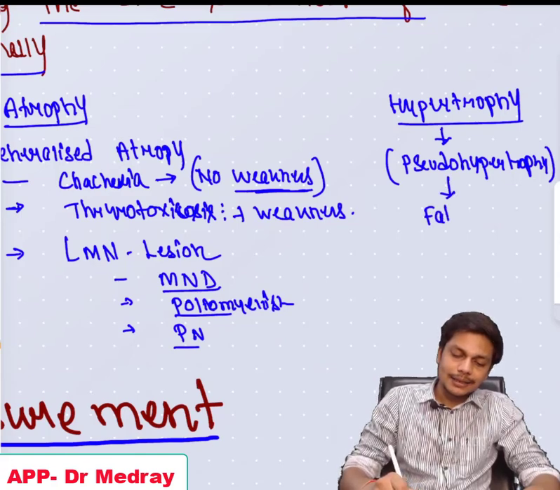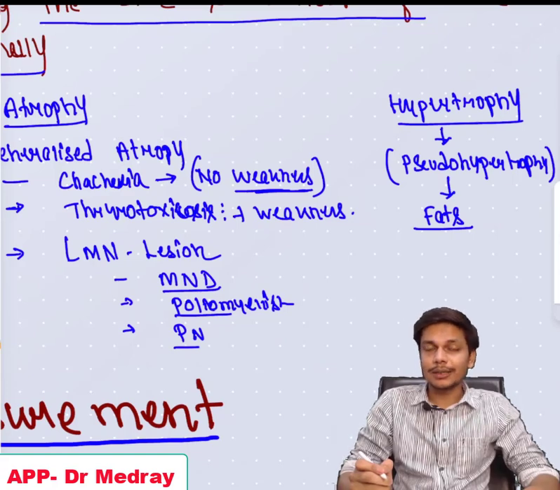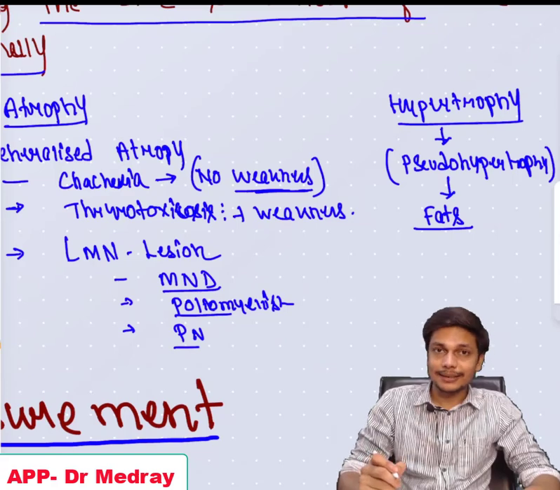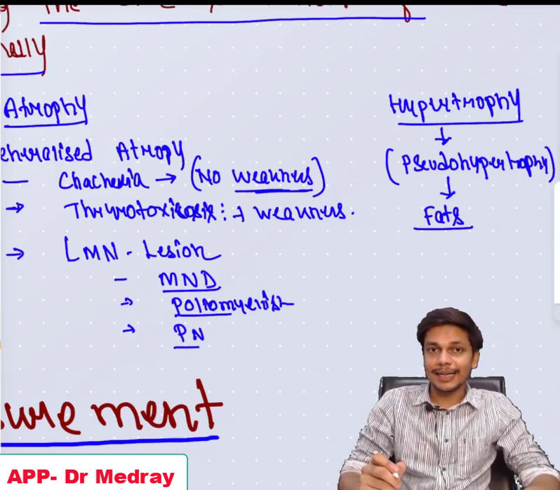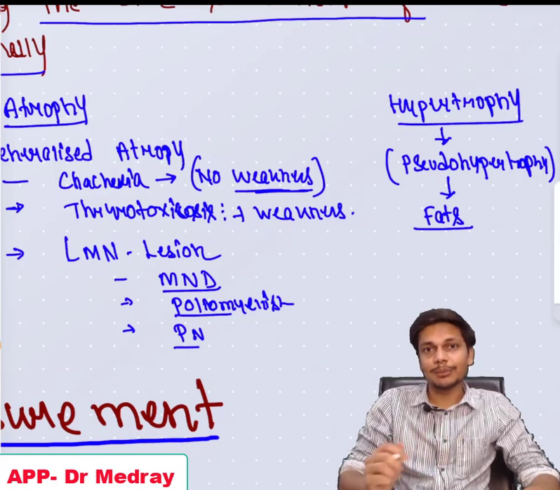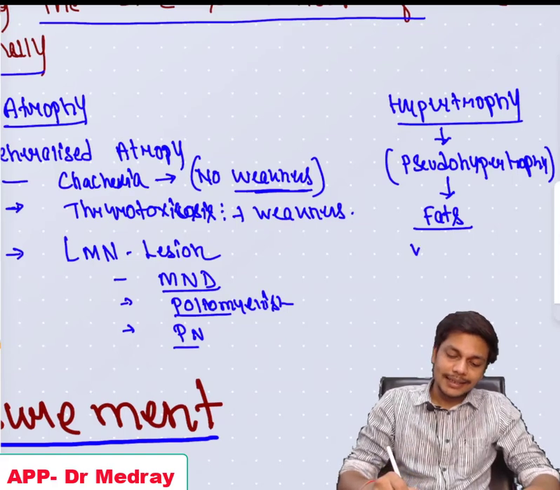That is why it is known as pseudohypertrophy of the muscle. Actually, there is not hypertrophy of the muscle, but there is degeneration of the muscle which is replaced by fatty tissue. And in pseudohypertrophy, usually there is weakness. You can see a big fat muscle, but the patient's power is not normal. The patient is a weak patient.